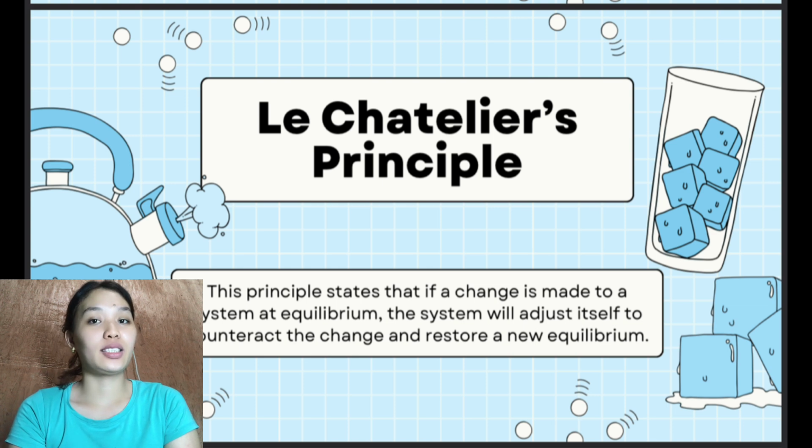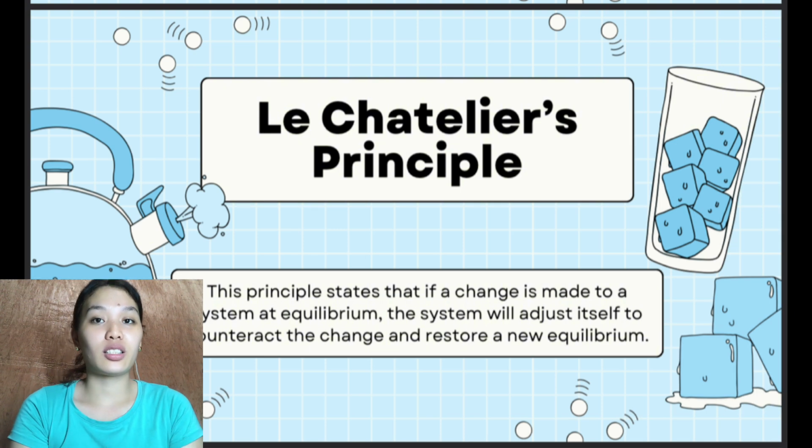This principle states that when a dynamic equilibrium is disturbed by changing the conditions, the system responds to counteract the change and restore a new equilibrium. And adding or removing reactants in concentration will shift the equilibrium.